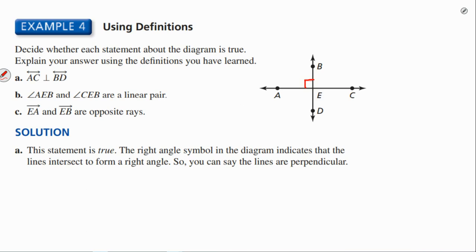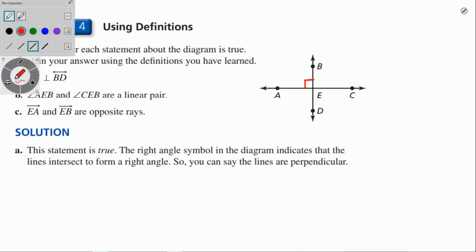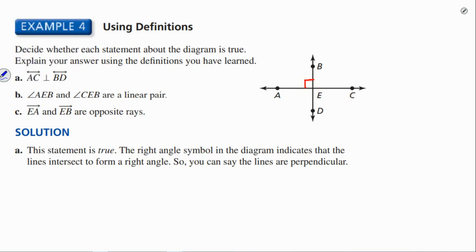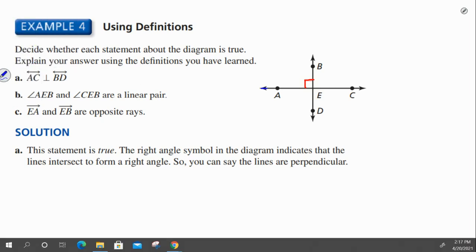Let's look at B. B says angle AEB and angle CEB are linear pairs. If we grab a different color here, AEB and CEB.